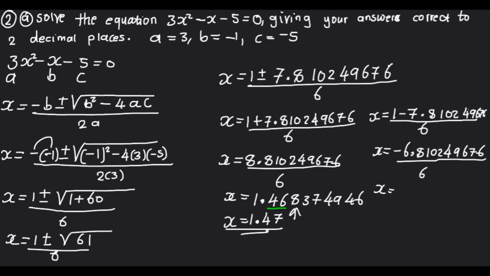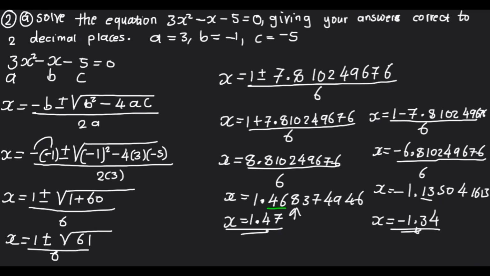So I'm getting about negative 1.13504163. Then our final answer, we just need 2 decimal places here, so negative 1.14. So these two are the two solutions for this equation.